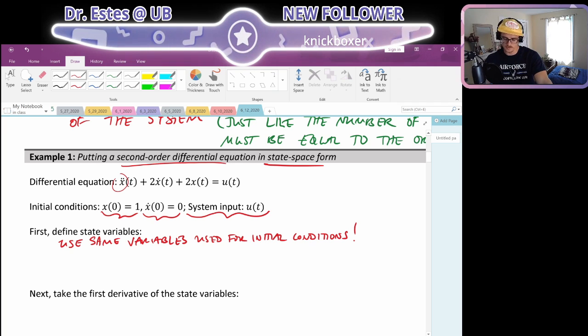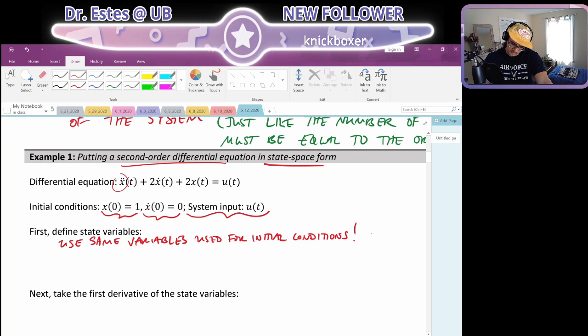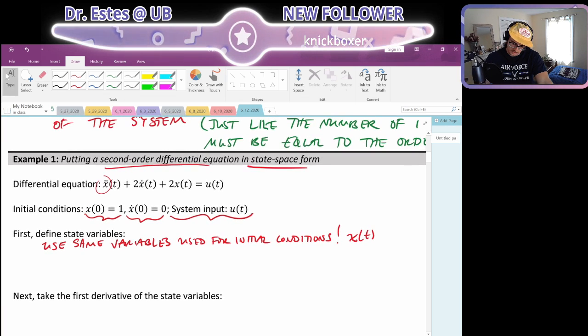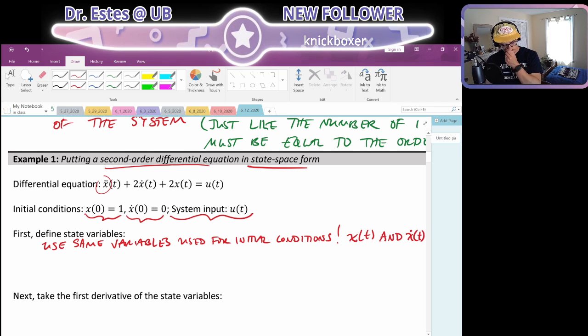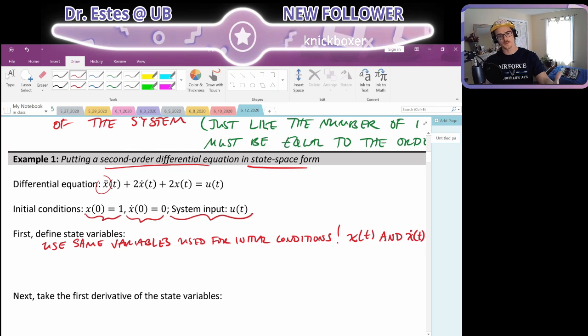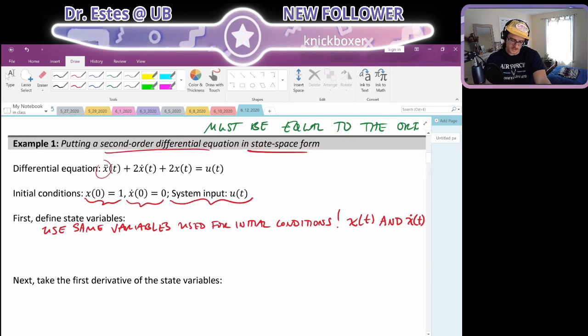So I'll have x of t and x dot of t. Those are the variables we use for our initial conditions. I'm going to use those for my states.